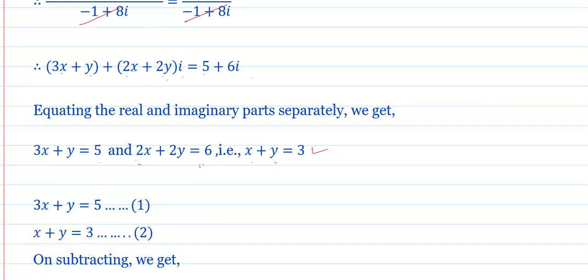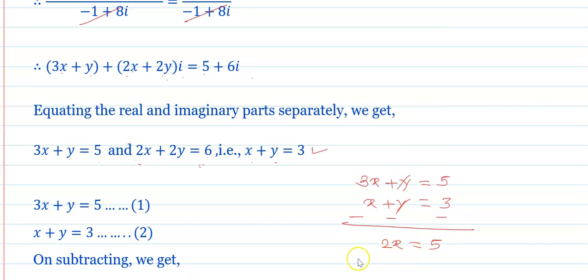Now on subtracting we get, on subtracting means what? Here 3x plus y is equal to 5. Next, x plus y is equal to 3. Okay, and their subtraction, minus and minus. Plus y minus y gets cancelled and here you will get 2x is equal to 5.